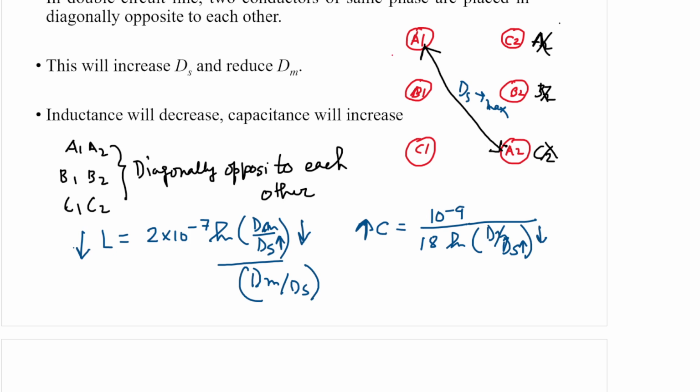arrange the phase conductors diagonally opposite to each other, let us say this is A1 and A2, right? So this is our ds. And in the second case, let us say this is A2.